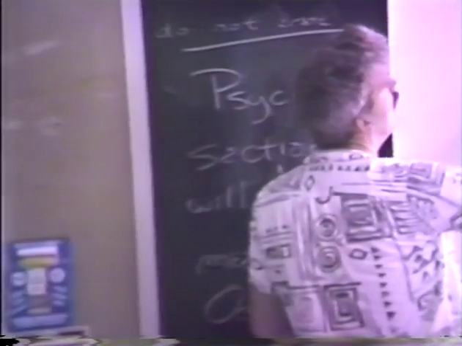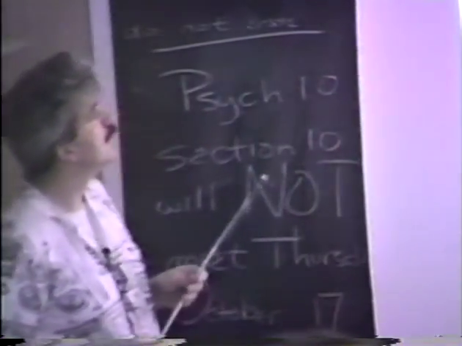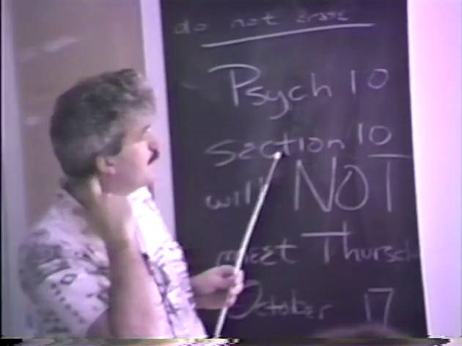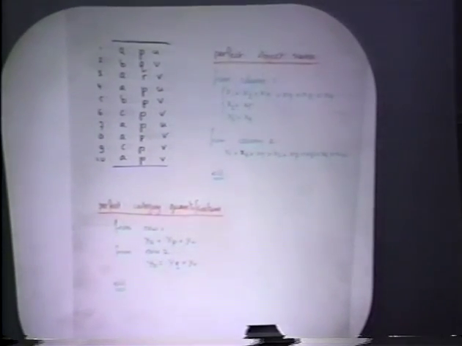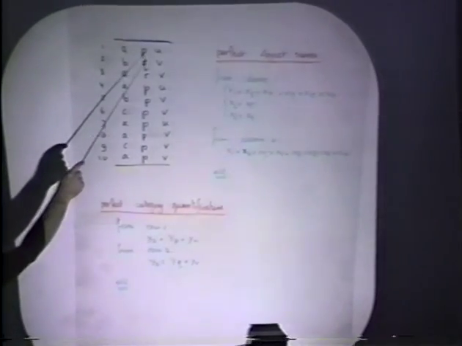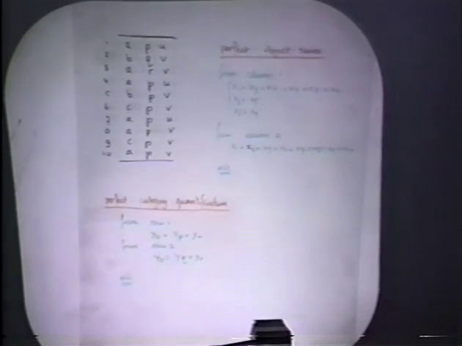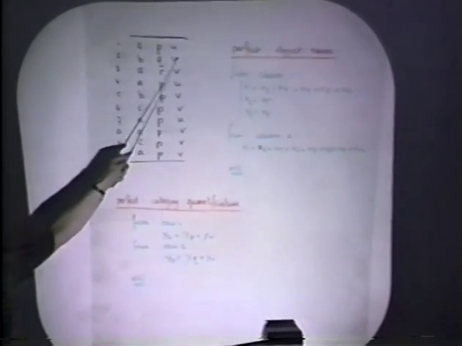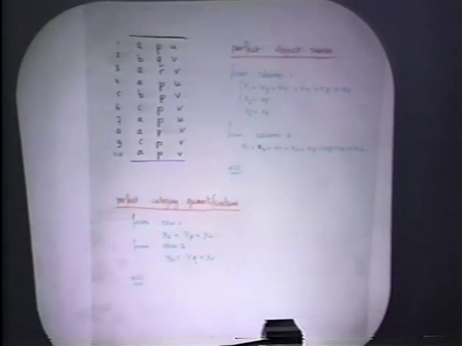Perfect category quantifications, remember that there are 3 variables with 3 categories each, and they get quantifications. The y of A is the quantification for category A, the y of P is the quantification of category P. So the perfect category quantifications must satisfy restrictions like the y of A must be equal to the y of P, and that must be equal to the y of U, because these 3 categories all correspond with the same object.